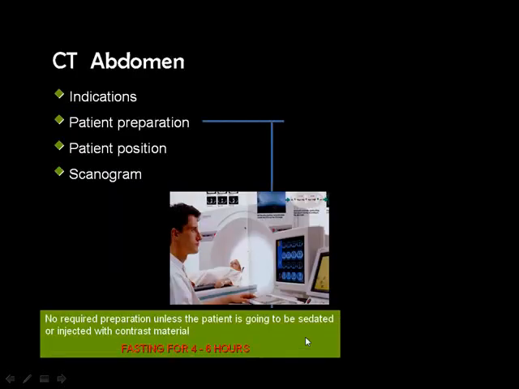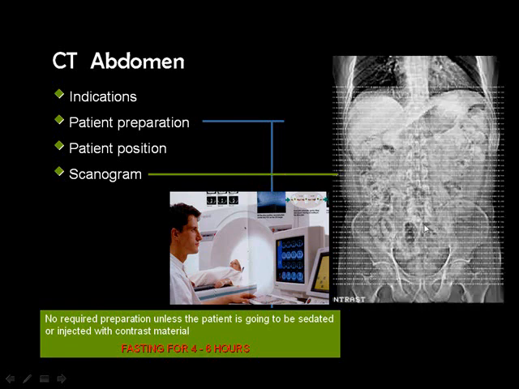After you prepare the patient with the oral contrast, you order him to fast for 4 to 6 hours, because you are going to inject him with intravenous contrast material as well. Then the patient lies in the supine position on the machine, and you do this image.